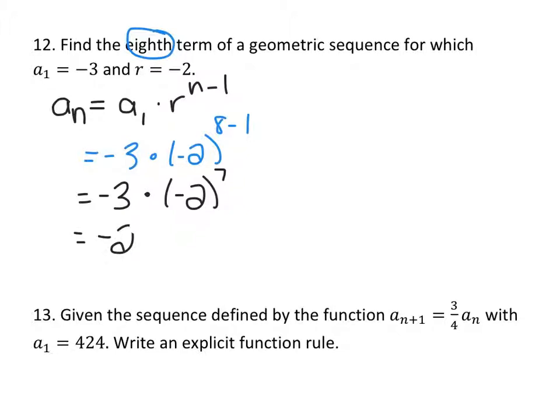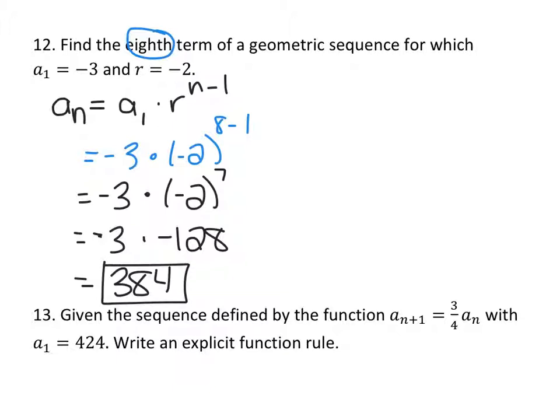What does that give us? It should give you negative 128. And what is negative 3 times negative 128? It's positive 384. So our 8th term of that sequence is positive 384.